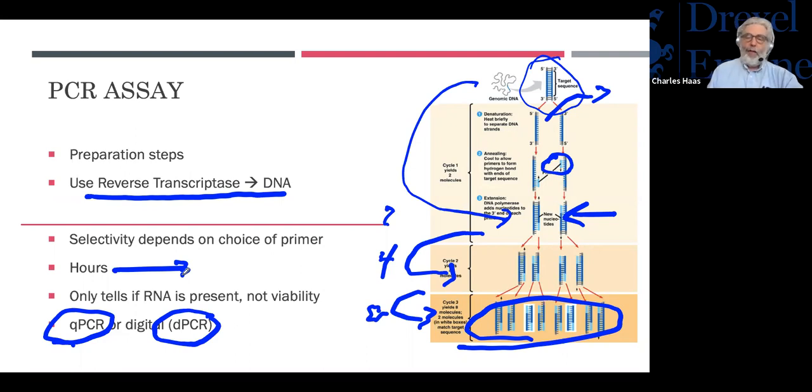So theoretically, this is an upper limit for how much RNA is present, and in turn, how many organisms might be there. Selecting the primer, selecting the conditions for this amplification to occur are very important. That will give us selectivity to be sure that we only pick up what we want to pick up and not some other nuisance organism.